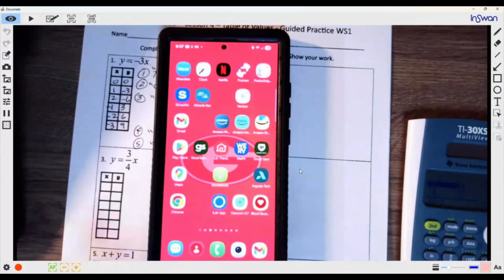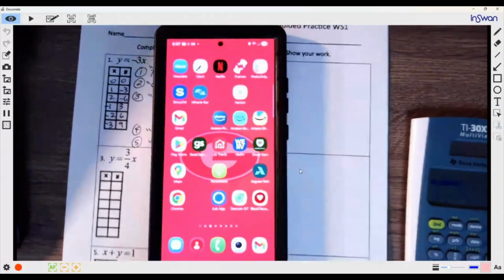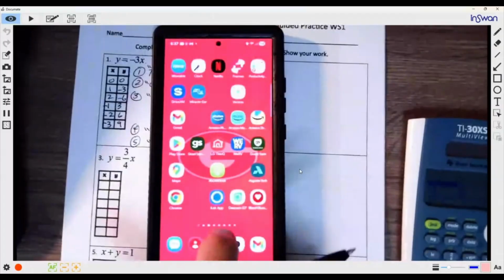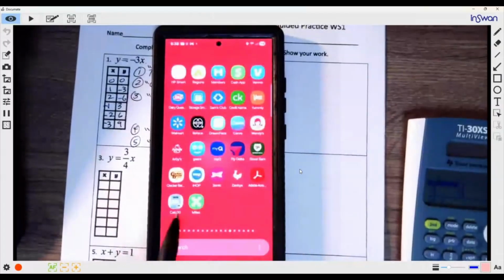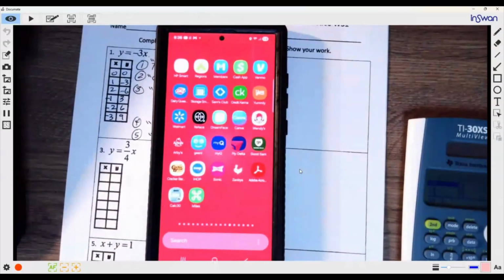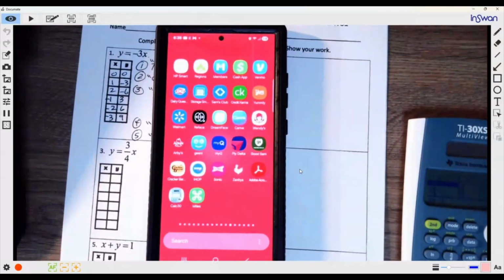This does not work on Apple. You're just SOL. There is an app called Calc30. You go to your Google store and you search Calc30.